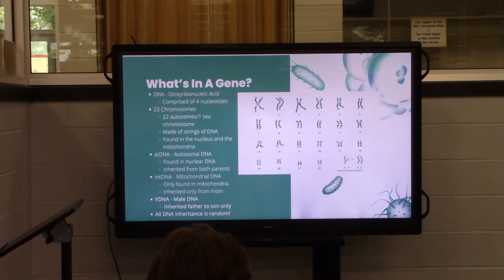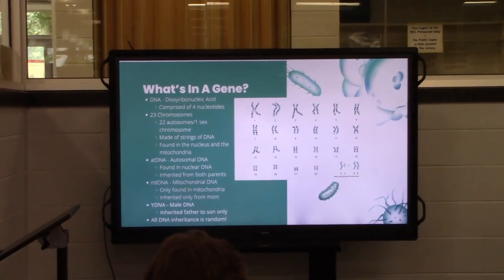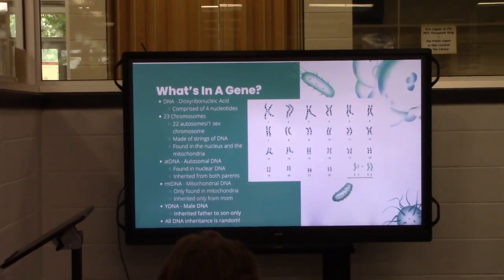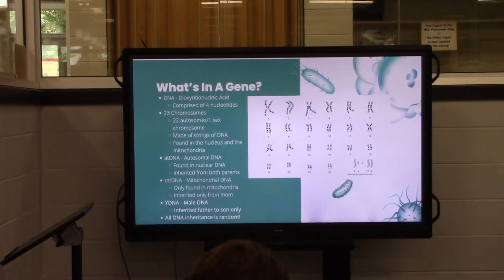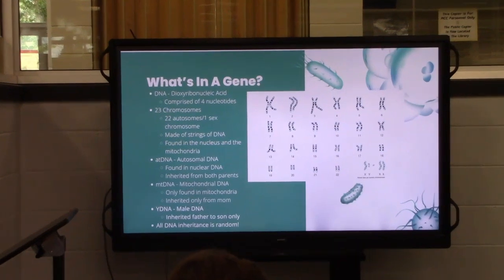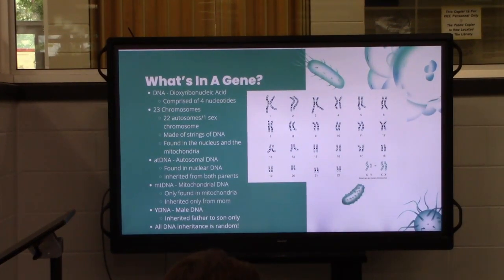So you have 22 autosomes, and those autosomes come from both parents. And then you have 1 sex chromosome, and that determines whether you're biologically male or female. Right? And together you've got all 23 chromosomes, which is where we get the name for 23andMe, the DNA genetic testing company, right?